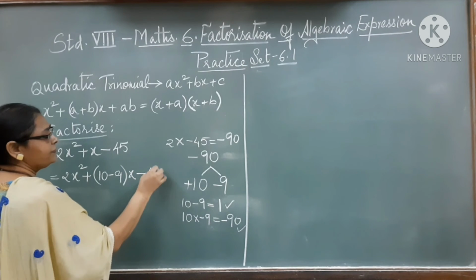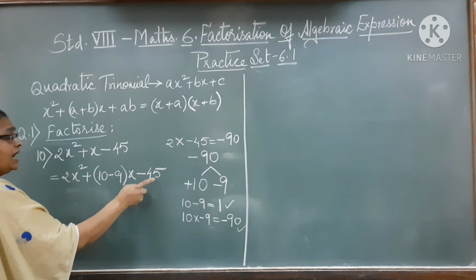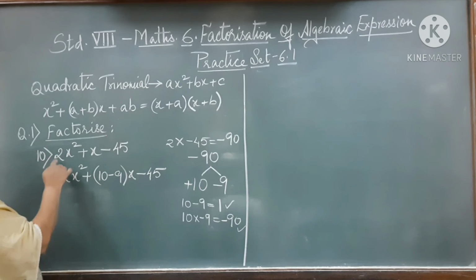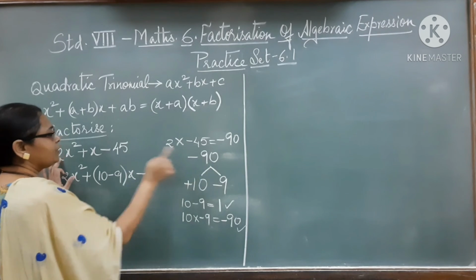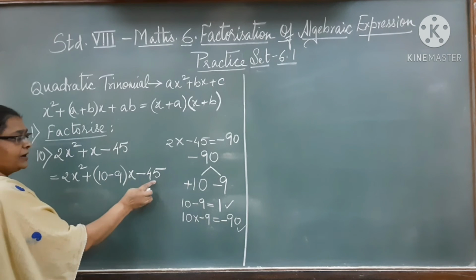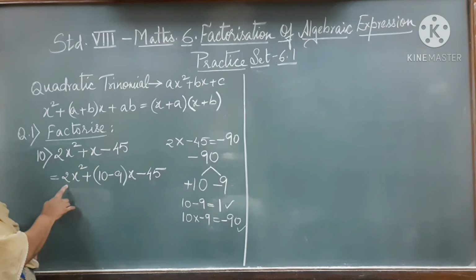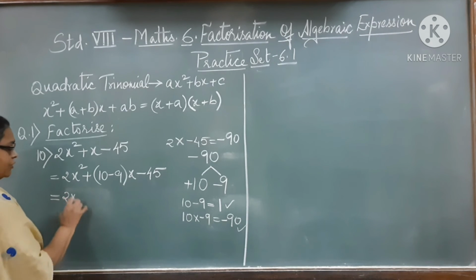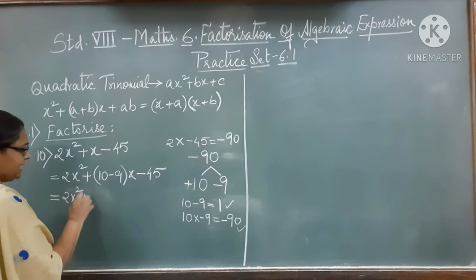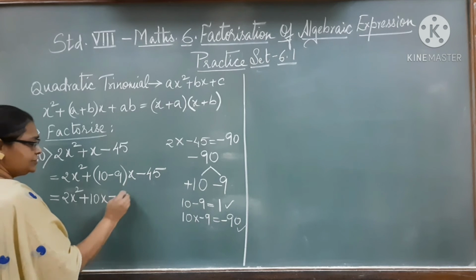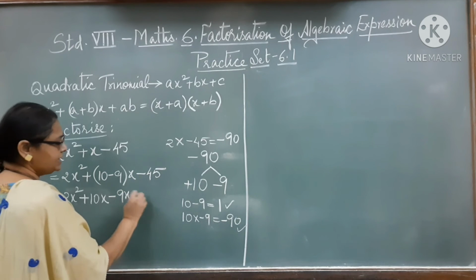I write 45 as it is because I have already taken the coefficient of the first term, and a into b we already got as minus 90. Now let me remove these brackets. This is equal to 2x squared plus 10x, plus into minus is minus, 9x, minus 45.